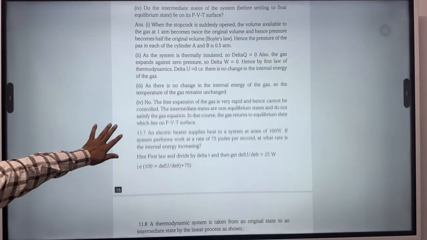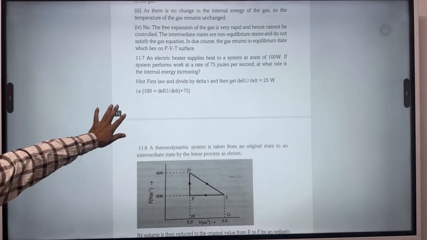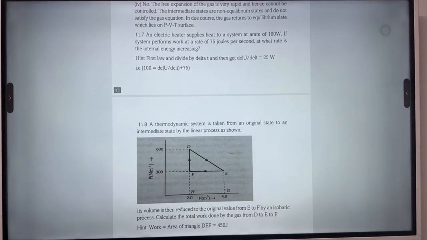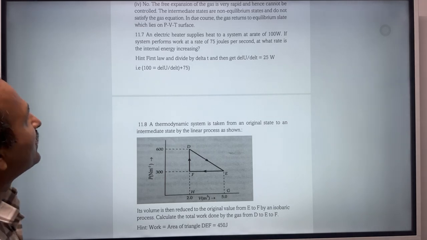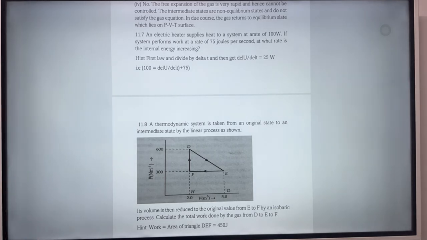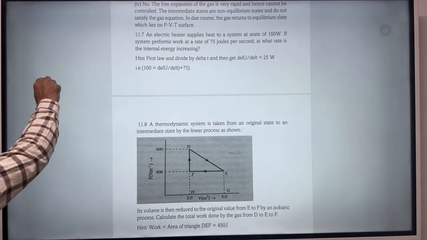And now the next question says, an electric heater supplies heat to a system at a rate of 100 watt. If the system performs work at a rate of 75 joules per second, at what rate is the internal energy increasing? So the question is very simple.